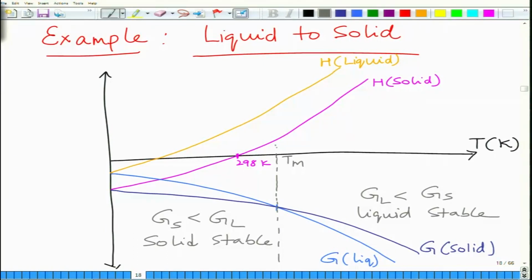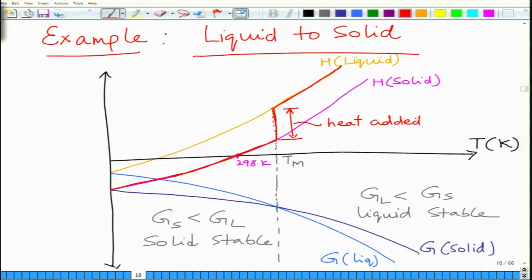And what happens, corresponding changes in the enthalpy? You can see that the overall curve follows something like that. It follows in the fashion like this up to this point, then at melting point there is a sudden jump and then it continues. So, this is the overall change in the enthalpy, and you can see at Tm there is no change in temperature, all the heat that is added.